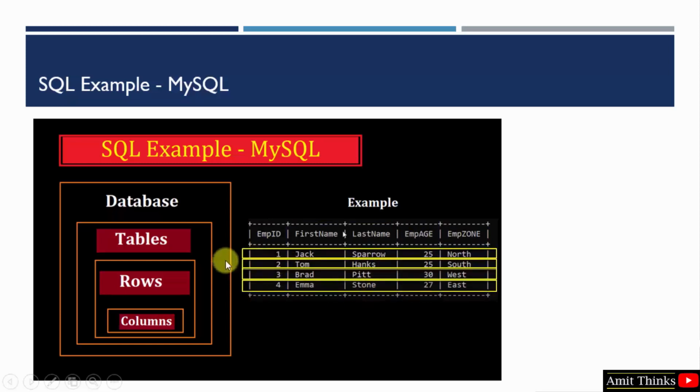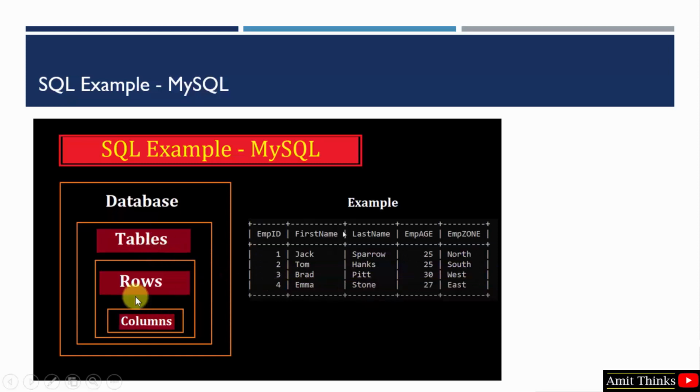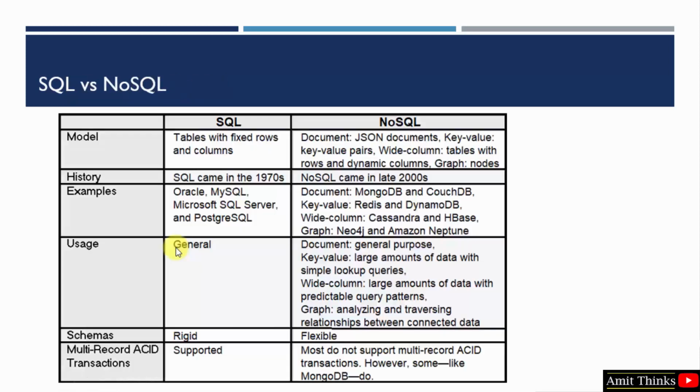Tables have rows and columns, and a database has a collection of tables. This is what we call SQL, tables with fixed rows and columns, a relational model.